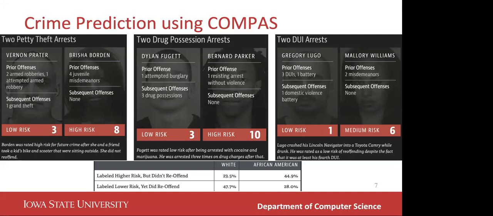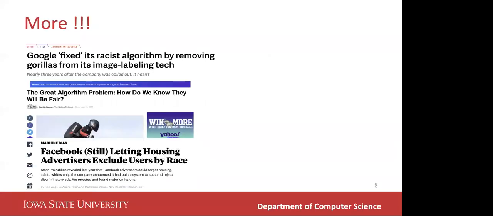So this is very crucial, as machine learning models are being used in very crucial software nowadays. We have found many more examples like this. Google fixed their image classification software after they found that it was classifying dark-skinned people as gorillas. Facebook has been accused of showing advertisements to specific people.